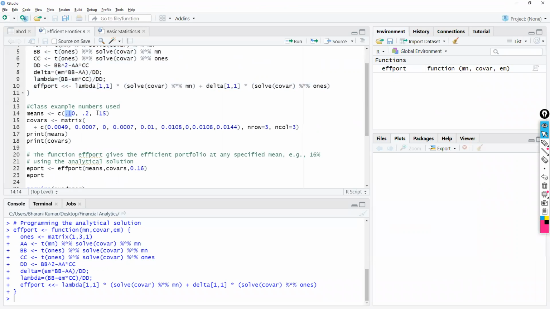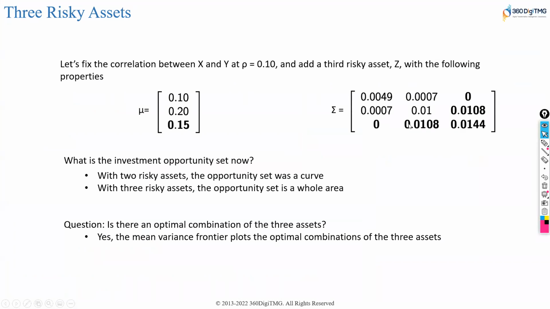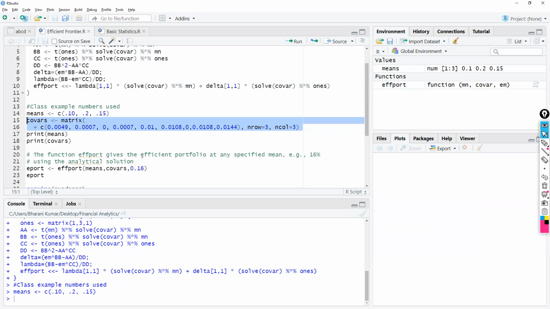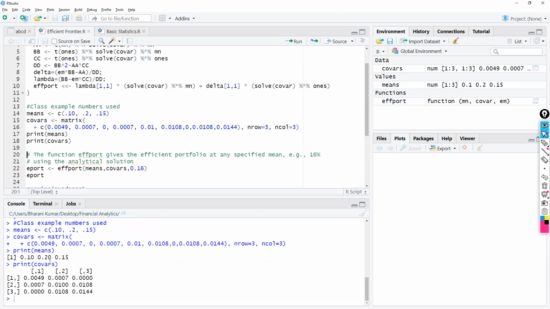And you also have a covariance matrix, which is going to have 3 rows and 3 columns. If you print the means, you get these. If you print covariances, you get these.